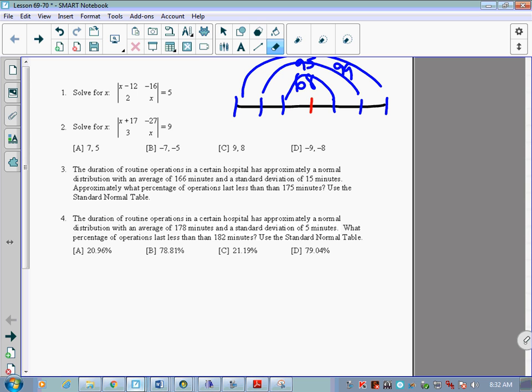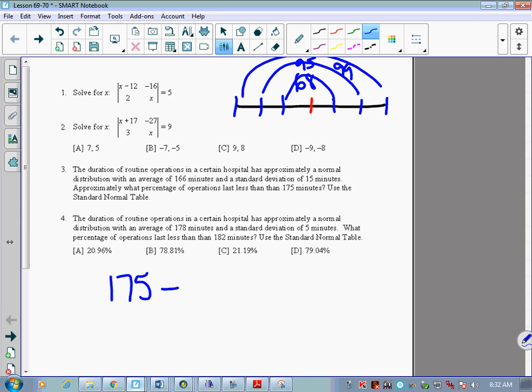Okay. So what we're going to do here for number 3, because we want to know how many are less than 175 minutes, we're going to take our number, 175, and we're looking for the z-score. We're going to subtract the mean, or the average of distribution, which is what?